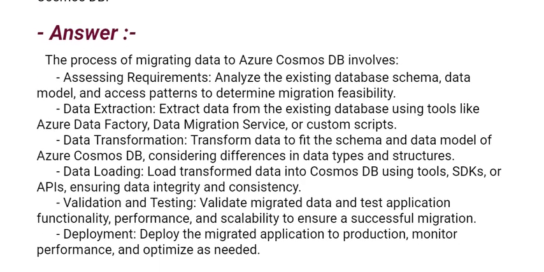Load transformed data into Cosmos DB using tools, SDKs, or APIs, ensuring data integrity and consistency. The next one is validation and testing. Validate migrated data and test application functionality, performance, and scalability to ensure a successful migration.